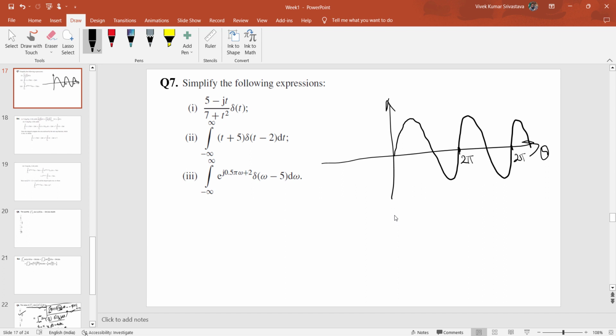This kind of signal is very important in real life, like the electric power that is coming to our home. Here we will take a sinusoidal signal because it is easy to analyze these kinds of signals. That's why we take periodic signals, basically sine signals, because it is very easy to analyze.